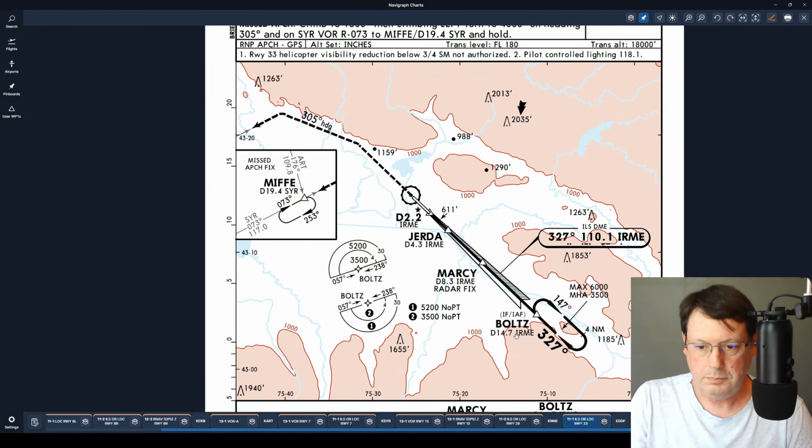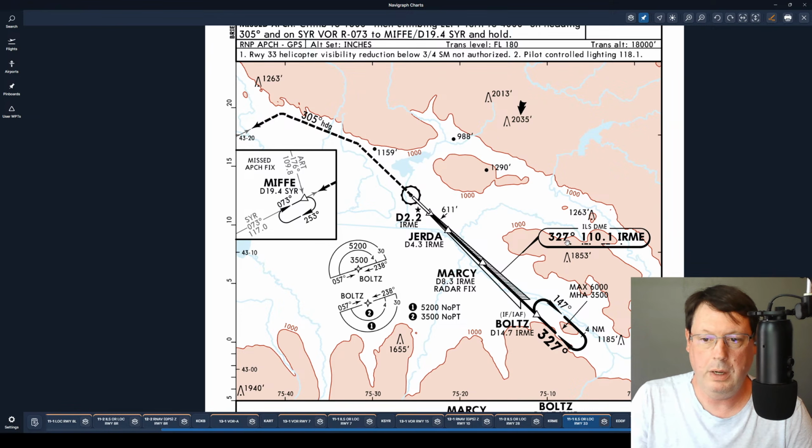Let's say you're south of the airport and inbound to the airport, heading generally in this direction. If they tell you you're cleared for the approach at Bolts, and this is the initial approach fix, that's where you go, and then you start the approach at Bolts.